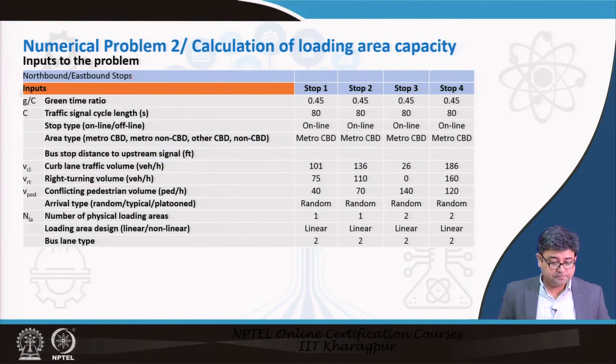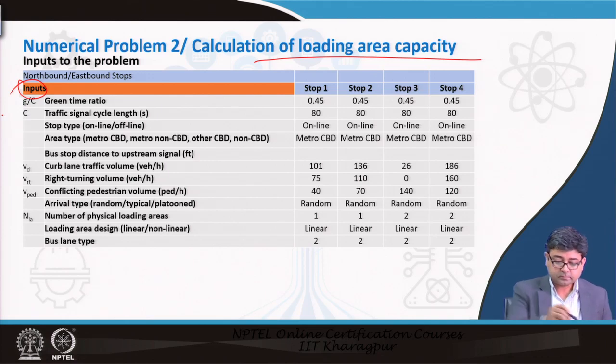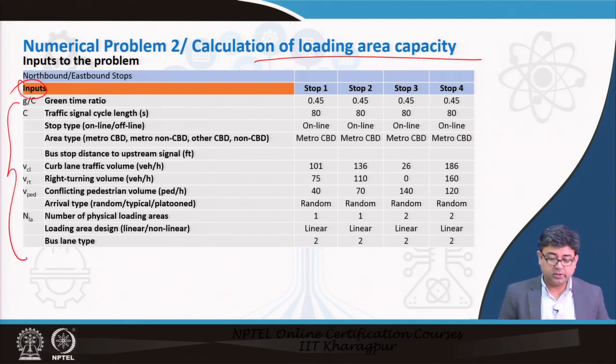For the next problem, which is to calculate the loading area capacity, again there are a bunch of inputs that are needed, and these inputs are shown here. Inputs are green time ratio. Now, loading area capacity is influenced by the green signal at the intersection, if the bus stop is near the intersection.